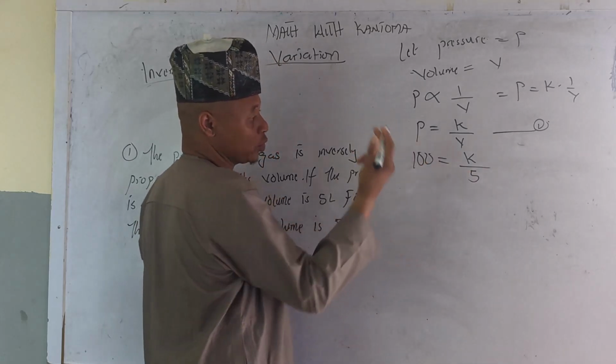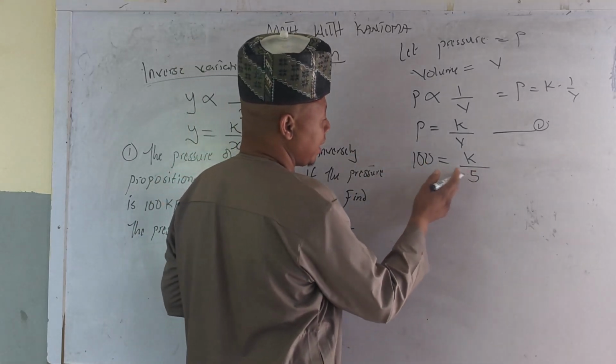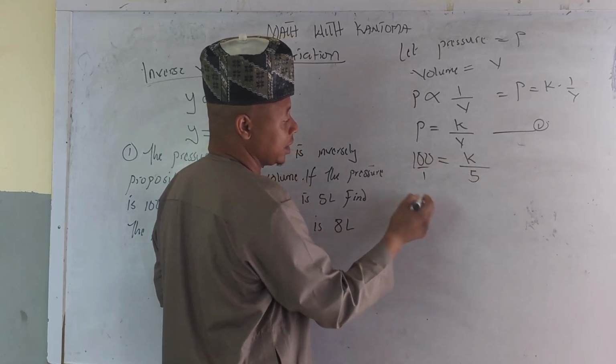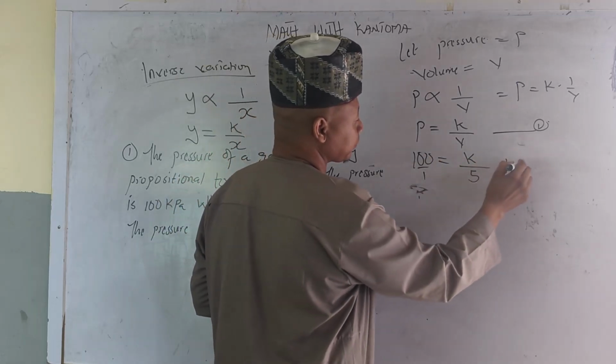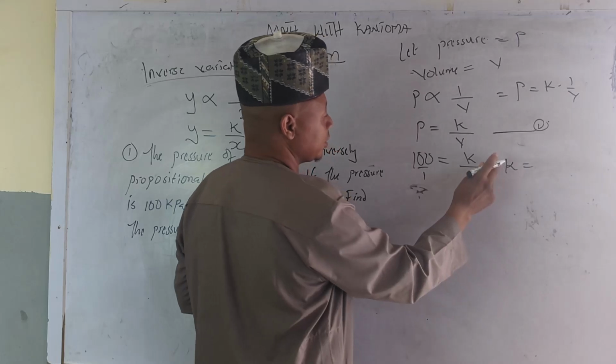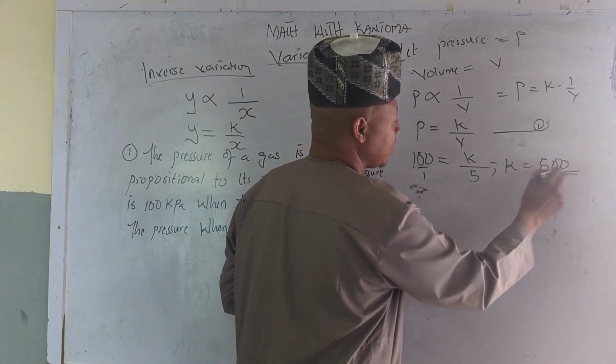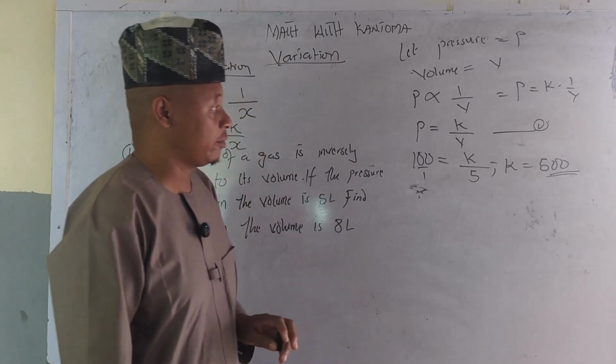So from here we can cross multiply. This will be 5 times 100 to find the value of k. So k is now equal to 5 times 100, which is 500. So now the value of k is 500.